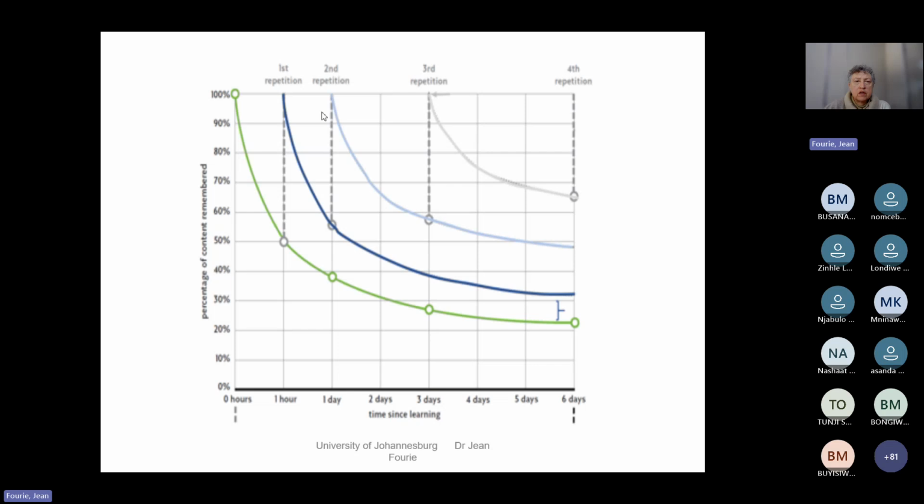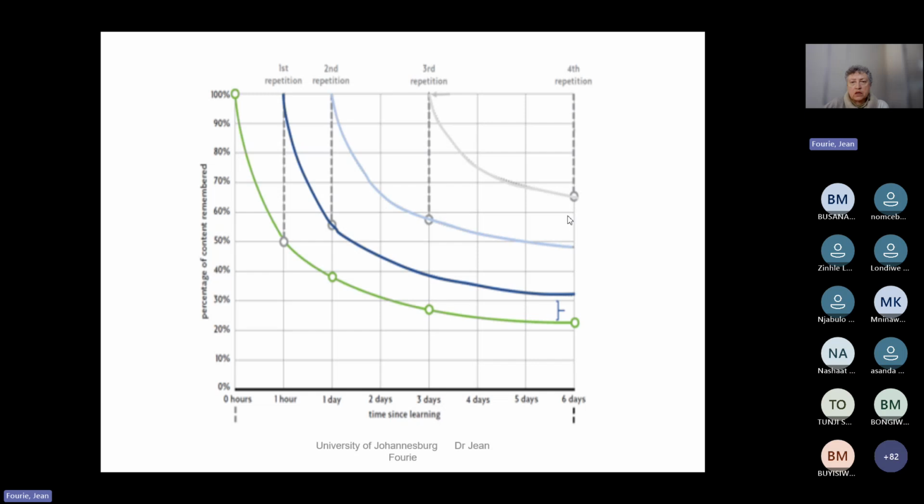And you can see that the decay that happens is much less, and long-term decay will only be about 50% of the information lost. However, if we then do a third repetition 3 days later, on day 3, the information decays to about a 70% level.